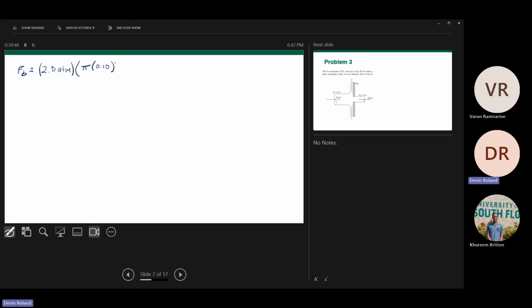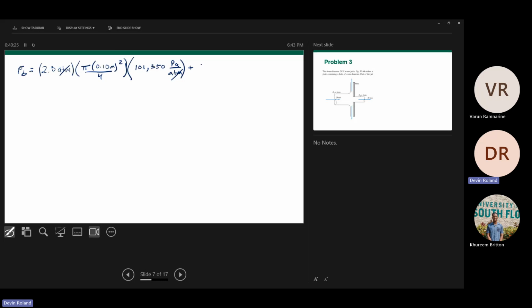This is the cross-section area for section 1. And then we'll note that atmospheres is not standard units, so we want that in pascals. So we'll say there's 101,350 pascals in an atmosphere. Cancel those.